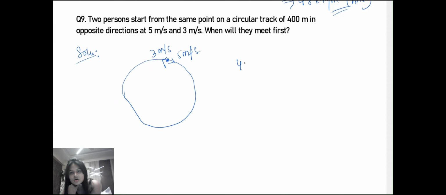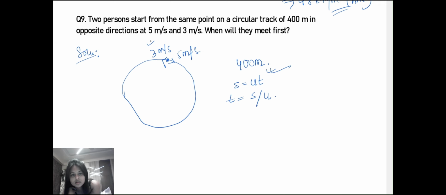So this track is of 400 meters. Now we already know that S equals ut. They do not have any acceleration, so S equals ut. Now at what time? So t equals S by u.